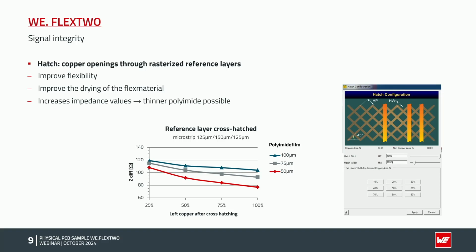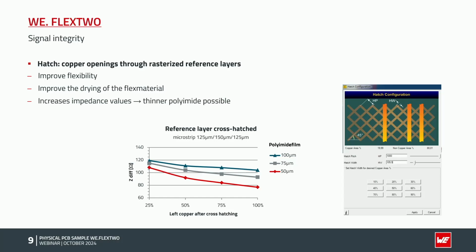We can have a variation of the impedance, we can deal with impedance values. We improve the flexibility of the flex part, of course, if we open the copper. We have better drying effects on the flex material, so we can better get rid of humidity if we have less copper. And of course, we can increase the impedance values.